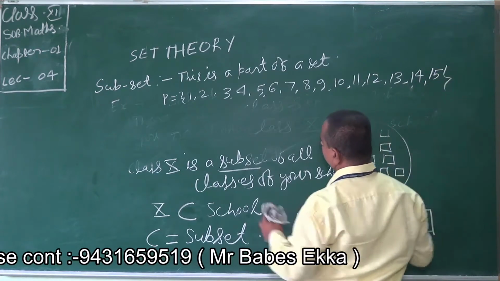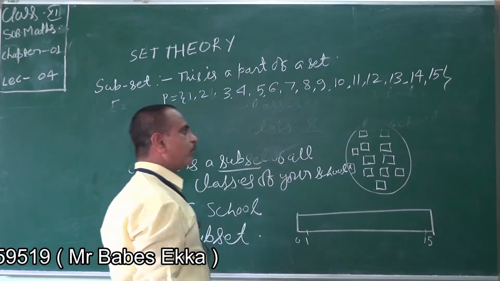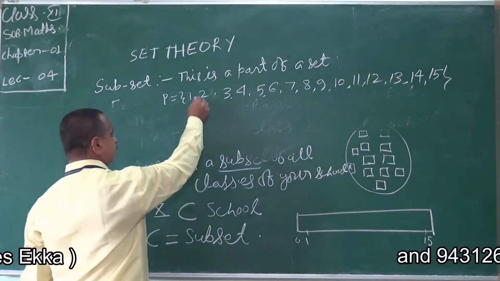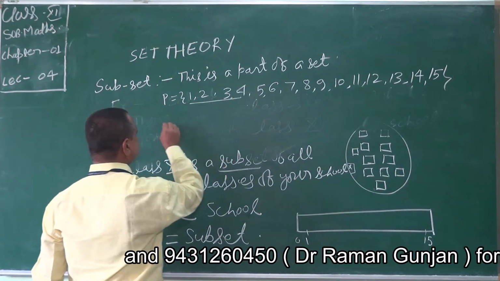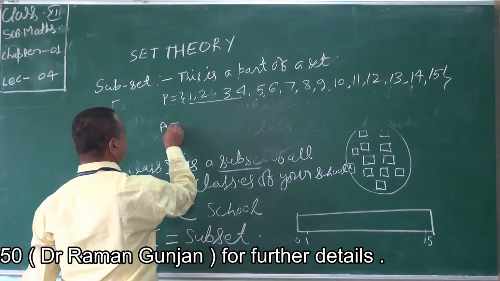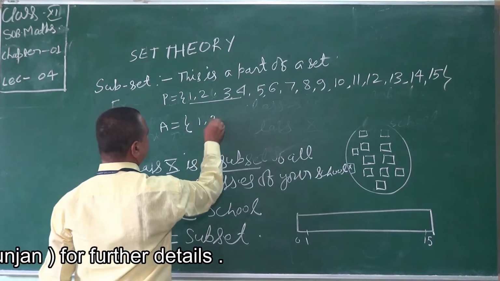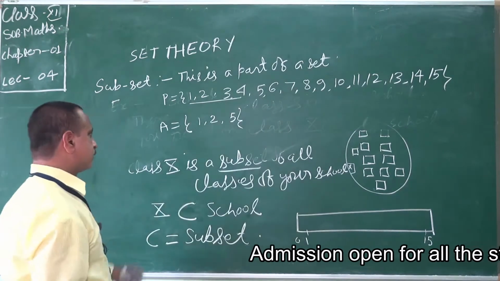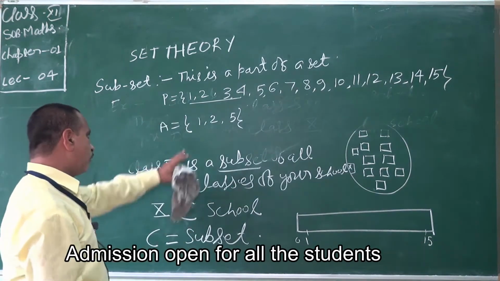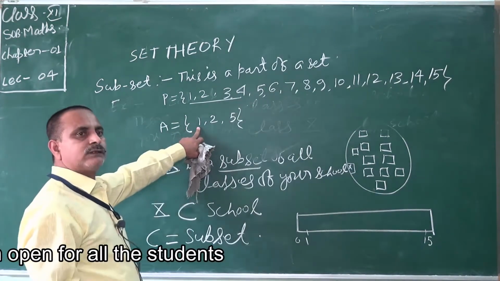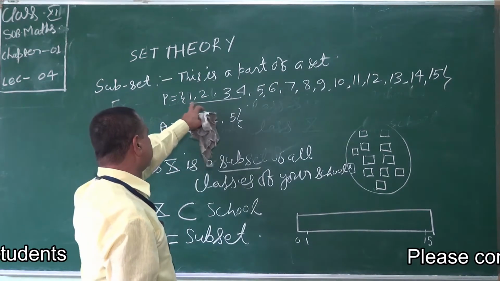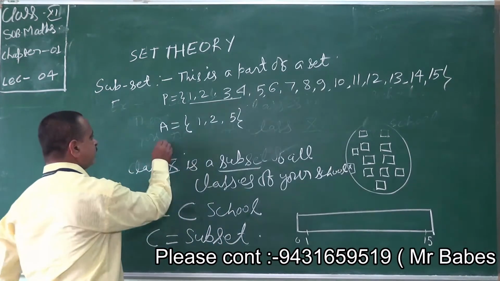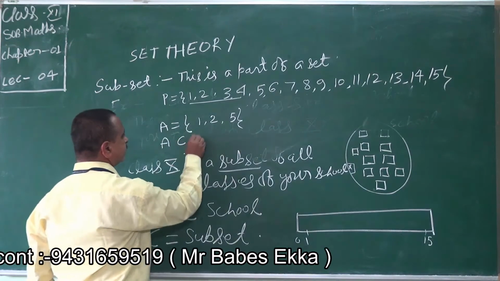This is a collection of natural numbers, and I take some examples from this. Suppose we make a set A = {1, 2, 5}. This is a small set, and all elements of set A are contained in your set P. So we say A is a subset of P.